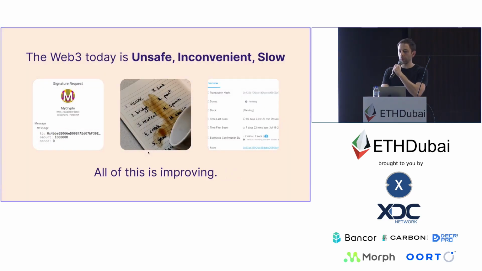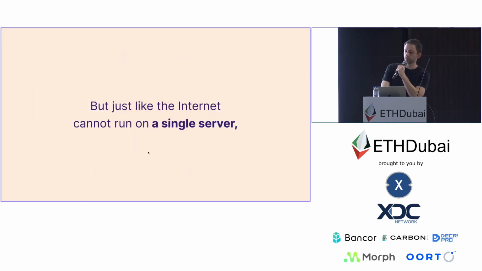While Web3 today is also quite unsafe, inconvenient, and slow, and all of that is improving, we need something similar. Because the internet cannot run on a single server, the internet of value, for fundamental reasons, cannot run on a single monolithic blockchain. I hope that we all agree on this.